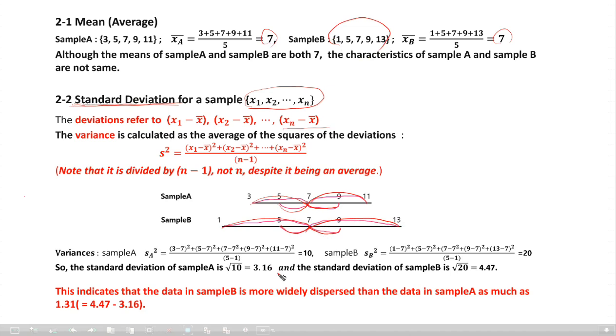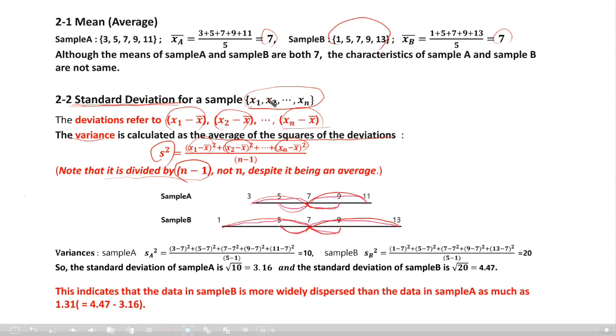Understand that? First, variance is calculated as the average of the squares of deviations. First, squares of deviations, right? And the average of them. But note, it is divided by n minus 1, not n, even though it is, say, an average. That is variance, s squared. Now let's consider the unit of variance.